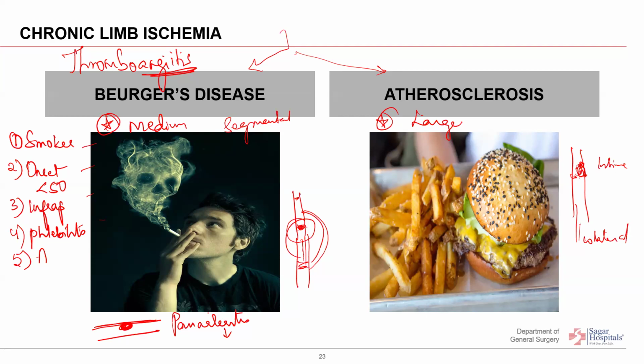So the one reason which they tell, sir, is that collateral formation is faster, sir. As one region gets occluded, the other region forms a collateral immediately, especially in the young population where you have a lot of pluripotent cells available, and the calf muscle region is the commonly involved one.